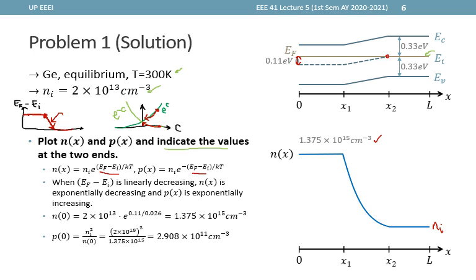Again, we can use the law of mass action since this material is in thermal equilibrium. So ni squared over n of 0, and that is 2 times 10 raised to the 13 squared over the solved value 1.375 times 10 to the 15. And we should be able to get that p at x equal to 0 is 2.908 times 10 raised to 11.